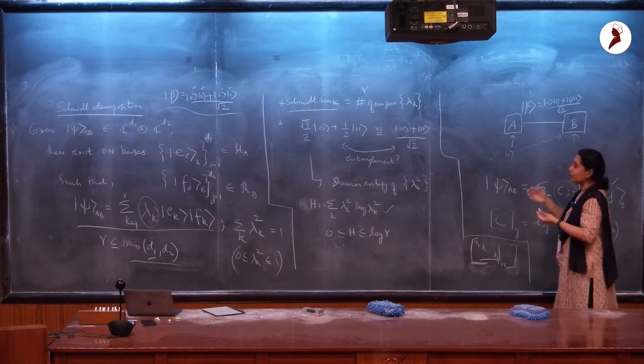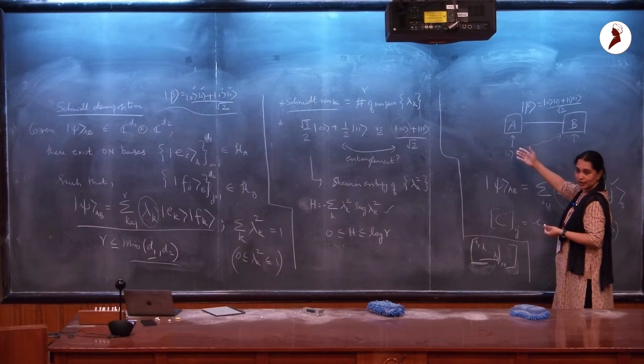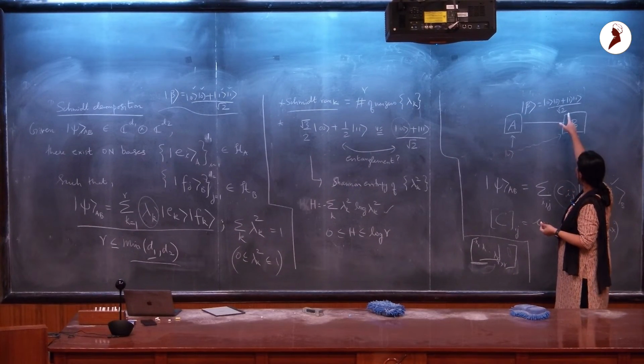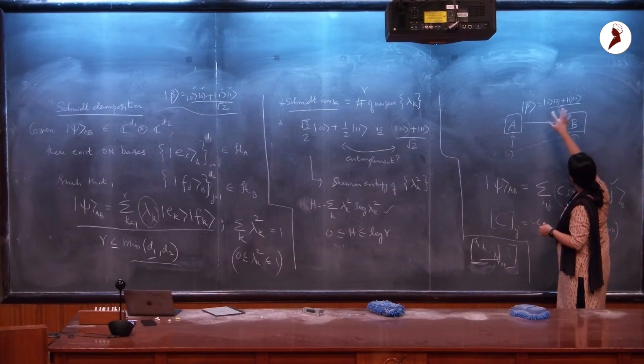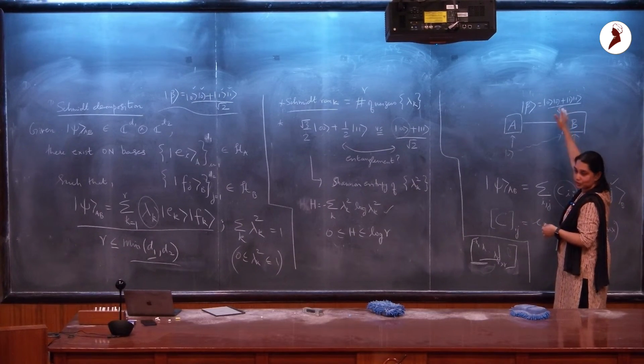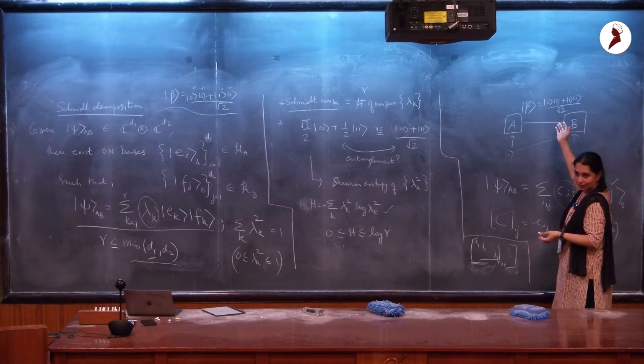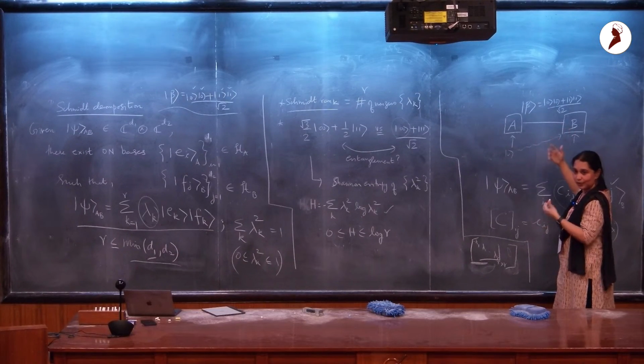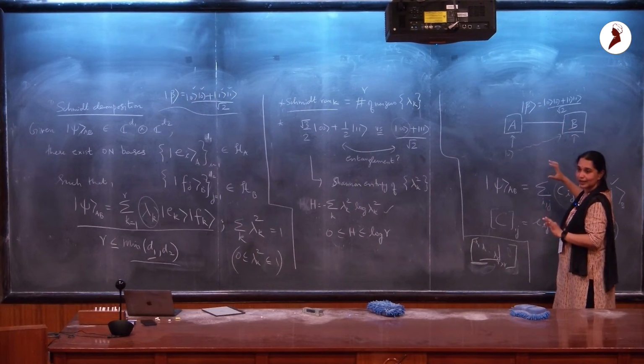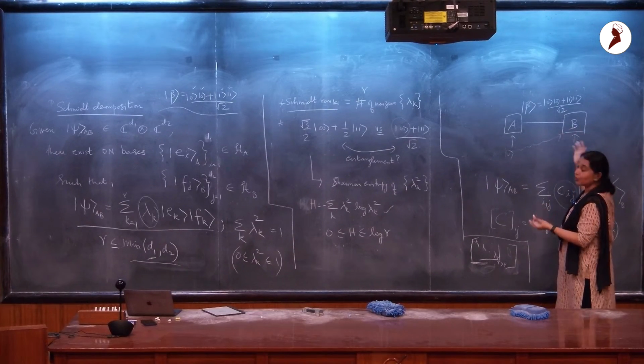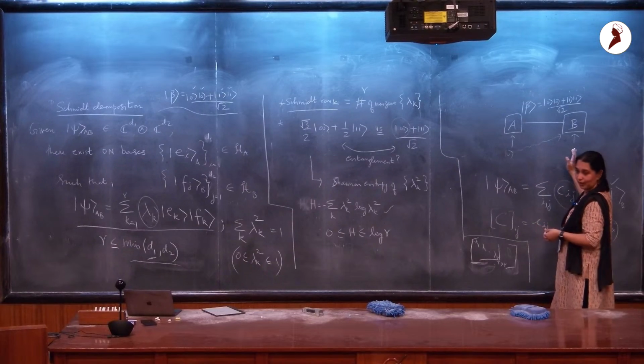But before they had that knowledge, they were maximally uncertain about this outcome, because this was an equal superposition of 0 and 1. So I hope intuitively at least it is clear that both outcomes were equally likely until one of them did a measurement and collapsed the state down.